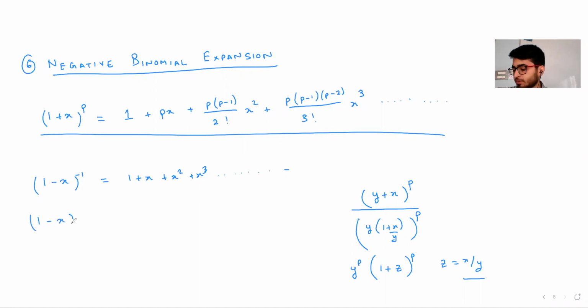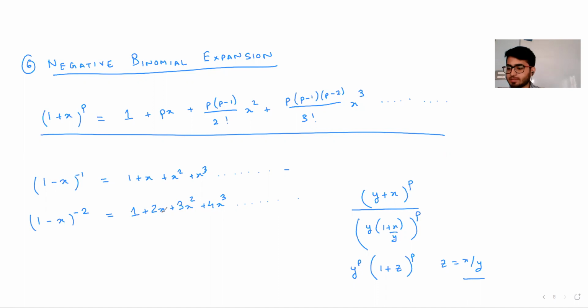Another important result is (1 minus x) to the power minus 2. This is 1 plus 2x plus 3x square plus 4x cube, and so on. If you observe, 1, 2, 3, 4, the coefficients are increasing in a linear fashion.